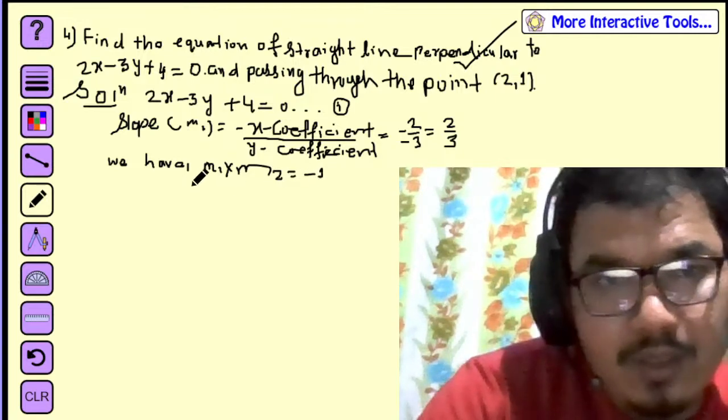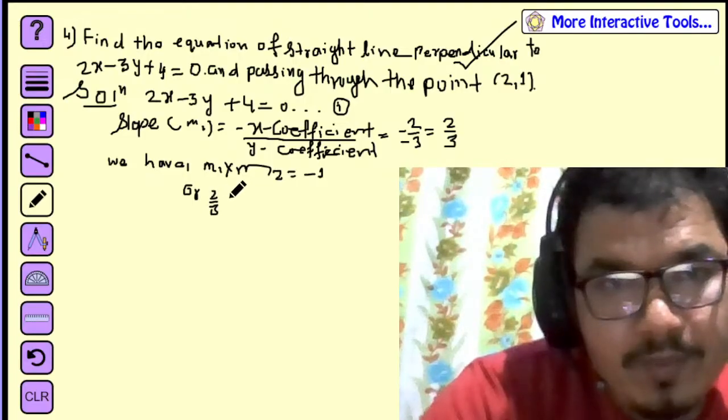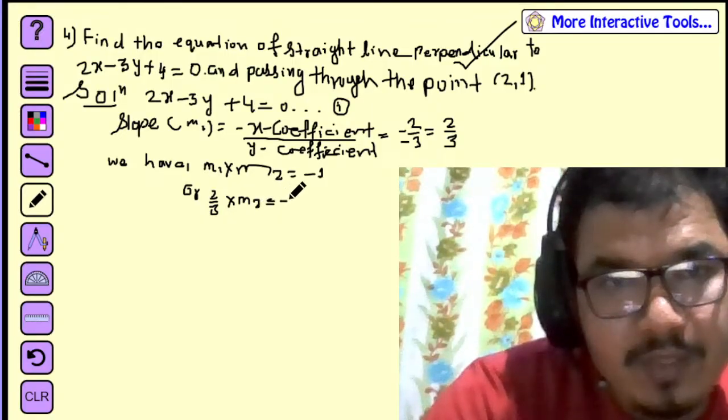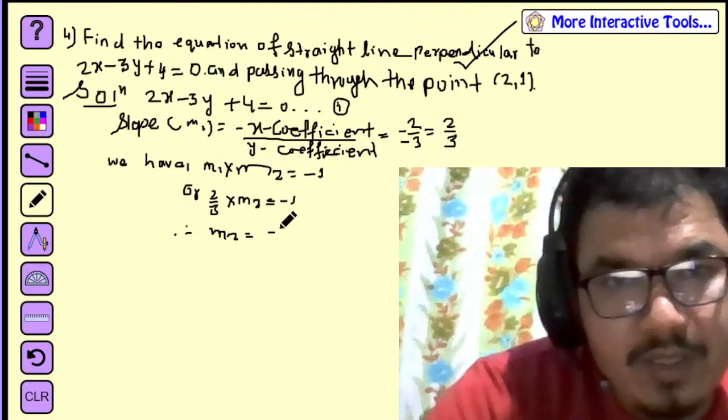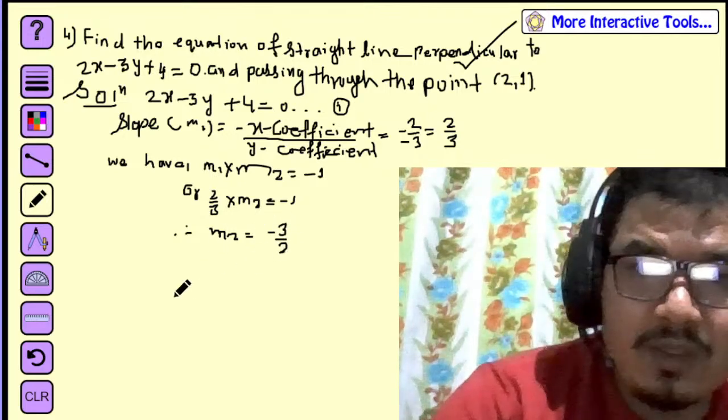The product of the slopes will be minus 1. Here m1 we found is 2 by 3, and m2 is not given, so 2 by 3 into m2 equals minus 1. Then changing sides, m2 equals minus 3 by 2, the second slope.